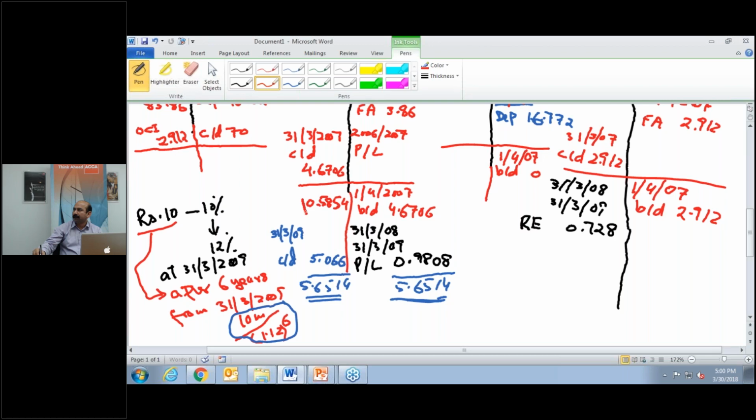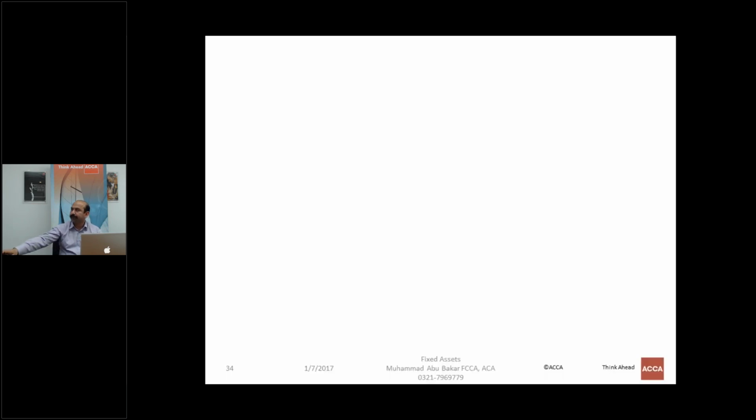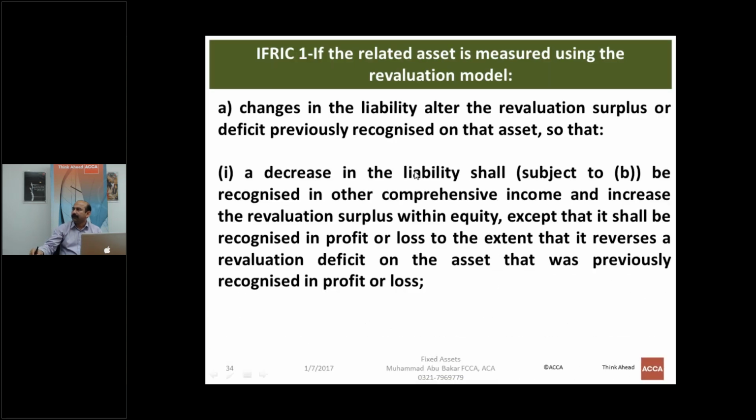This is the amount by which our liability is decreasing. And we know from our slide that if there is a decrease in the liability, this effect will go to the revaluation surplus.